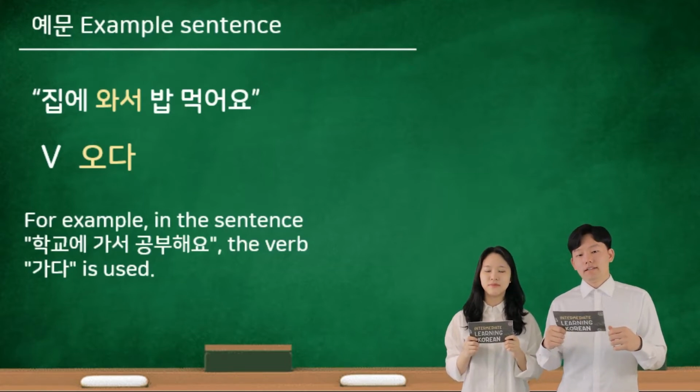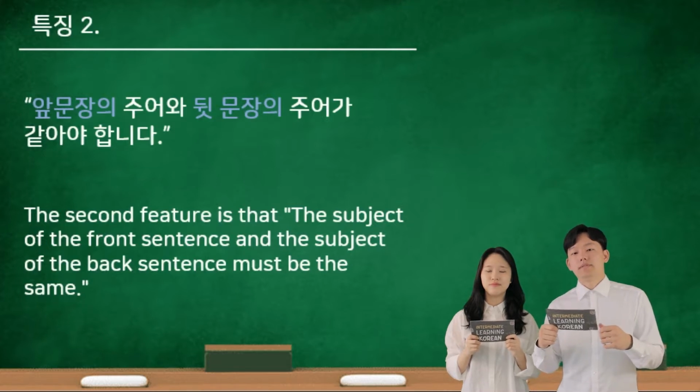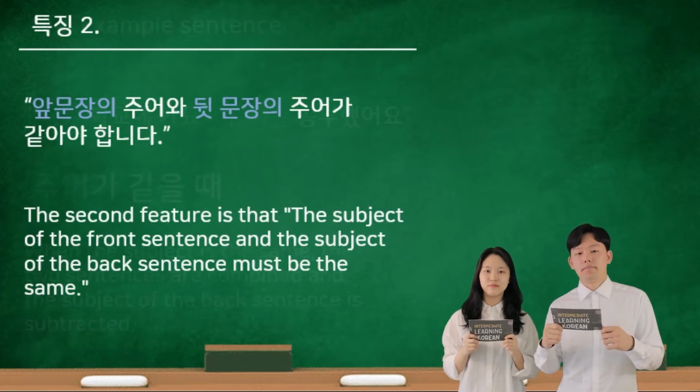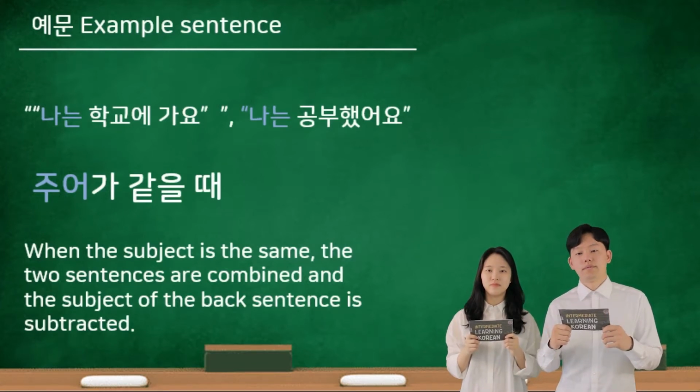If you correct this sentence, it becomes 나는 학교에 가서 공부했어요. Yes, then we've learned all the concepts of features. We will have time to practice through the example sentences.